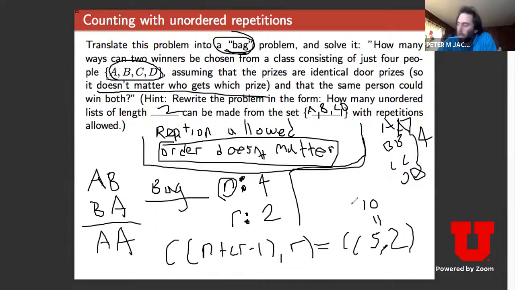And then there are the ways that we can give one prize to one person and one prize to another person, and that would be 4 choose 2. So it's 4 choose 2 plus 4, which is the same thing as 5 choose 2.